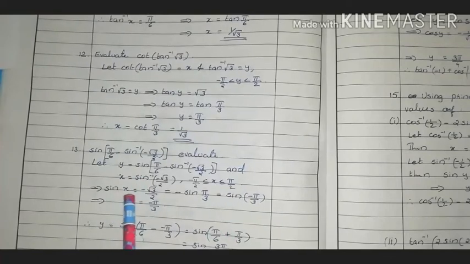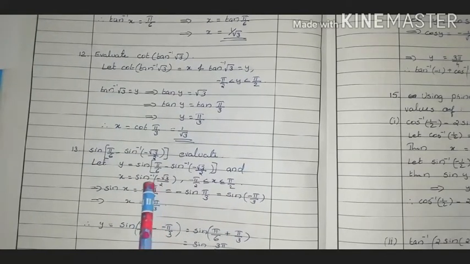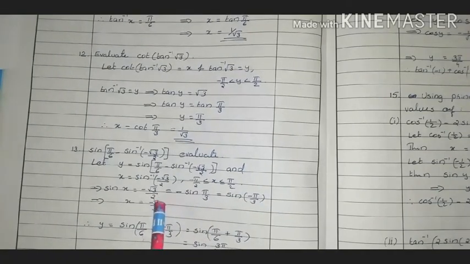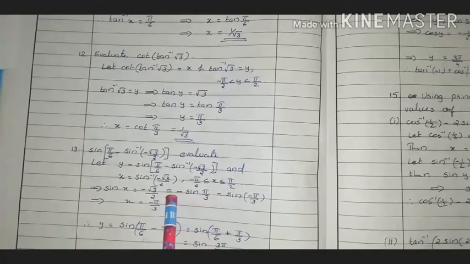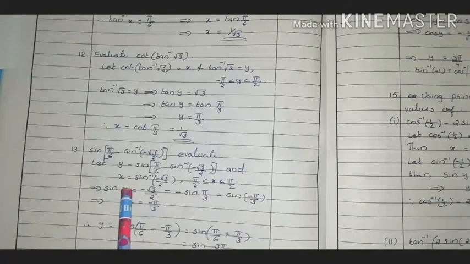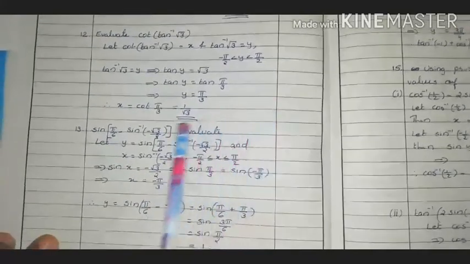Then sin x is equal to minus root 3 by 2, and for which value of x will sin x be equal to root 3 by 2? That is sin pi by 3. So instead of minus root 3 by 2 we can write minus sin pi by 3, and we know that minus sin theta is equal to sin minus theta. Therefore x is equal to minus pi by 3, and this one we consider as y.